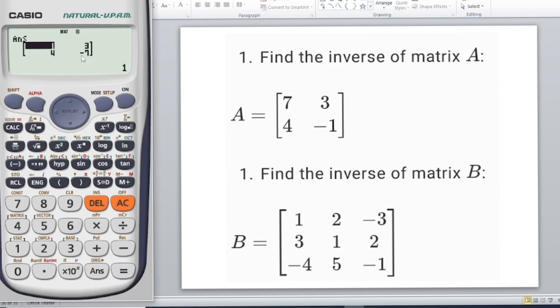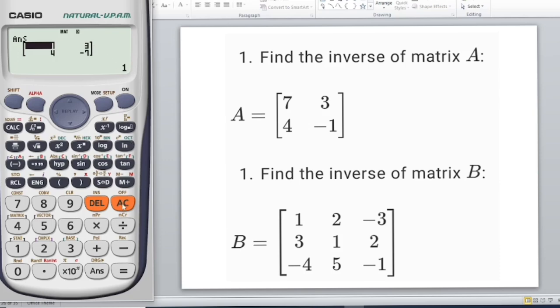So the answer will be 1 over 19 here, then bracket 1, 3, 4, minus 7. This will be the format in which the answer will be in a multiple choice question. But that previous answer is very correct. In that previous answer, it's like scalar multiplication. The 1 over 19 has already multiplied the bracket. So you just need to know how to use it.